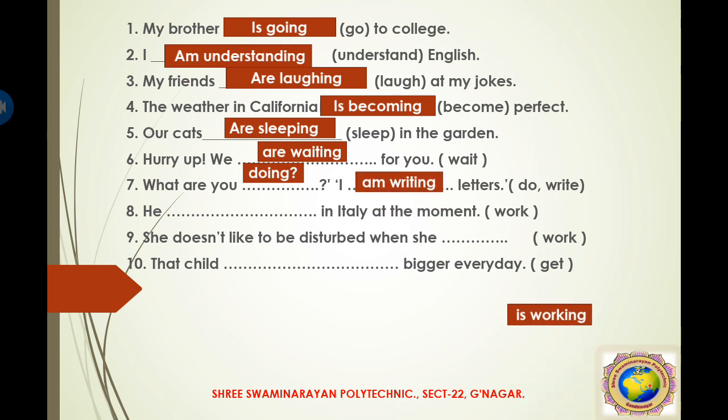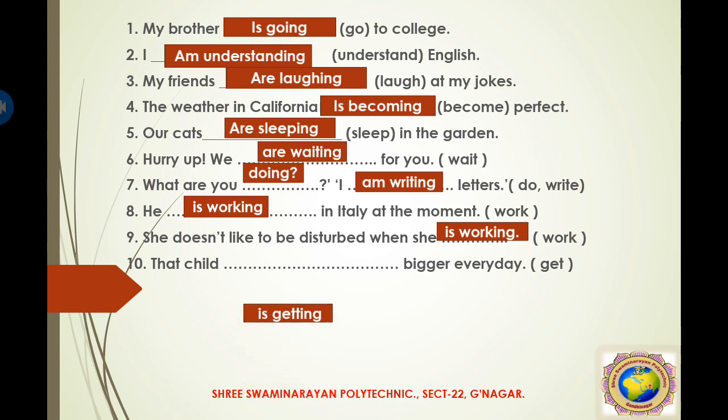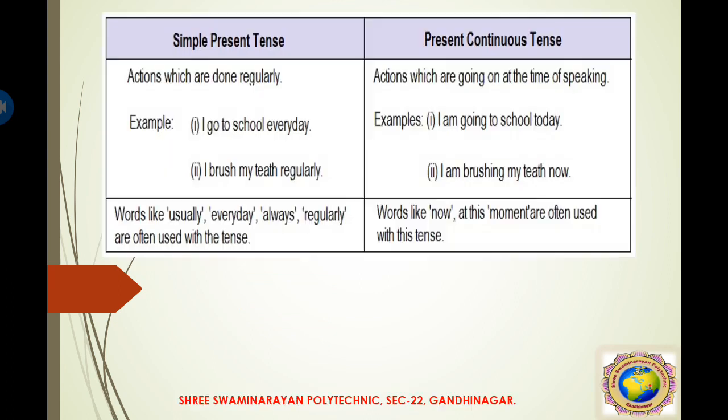Here: he is working, she is working. Okay. And the last one is: the child dash bigger every day. The child also, is getting. So this way we can fill in the blanks with the form of present continuous tense.